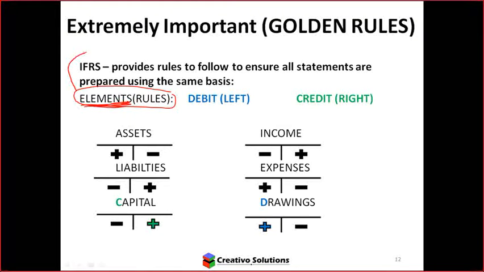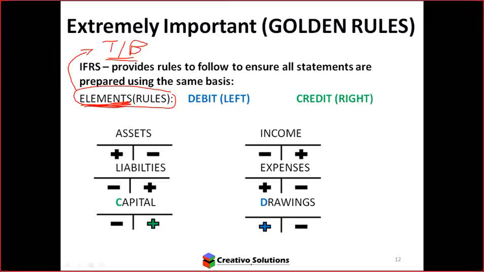So that's always the first step. The first step in any question is to identify your elements. And what did we say the tests and exams are going to give you? A trial balance. And what does a trial balance have? Debits and credits for different accounts. So in the trial balance, you could see 10, 20, 30 different accounts depending on how long the question is.